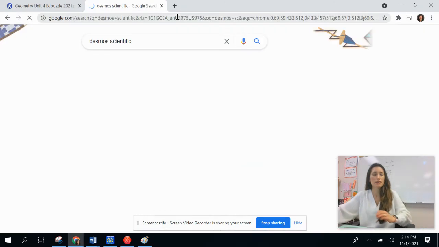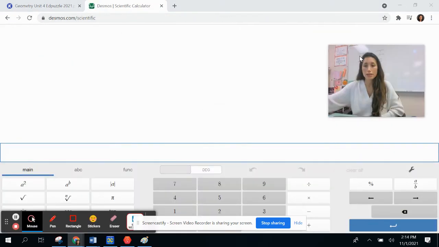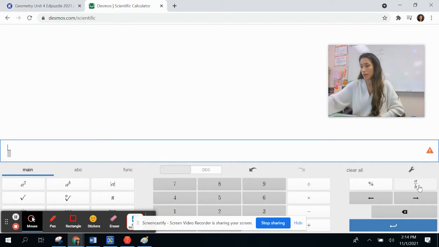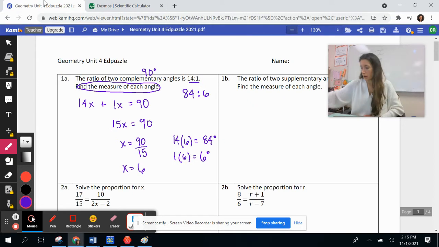We'll look for the scientific calculator. If I were to simplify as a fraction, 84 over 6, it would simplify to 14, and 14 is the same thing as 14 to 1. All right, so on to the next question.